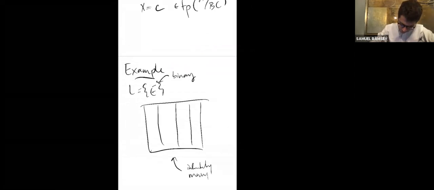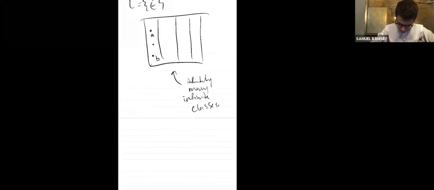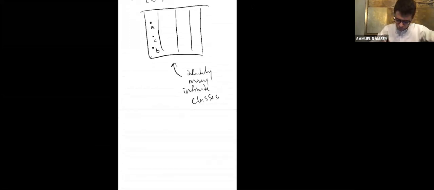So let's take two elements, A and B, and then we'll take a third element, C, all in the same class. My first point is that A is not dividing independent with B over the empty set.